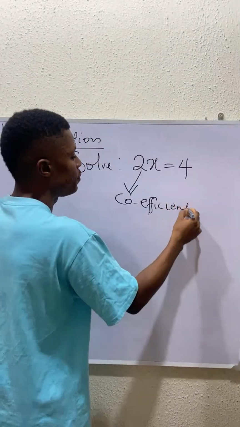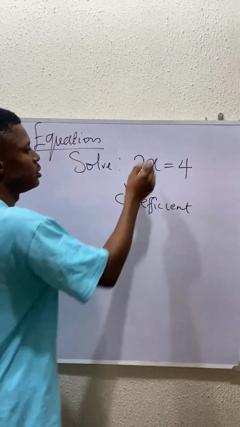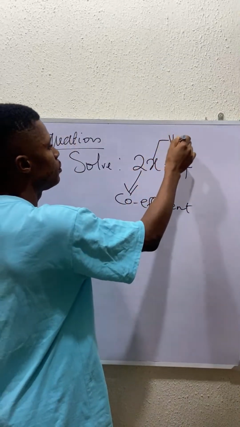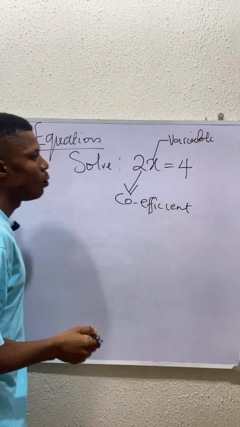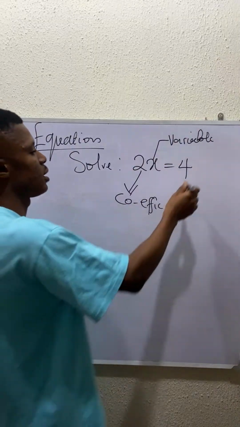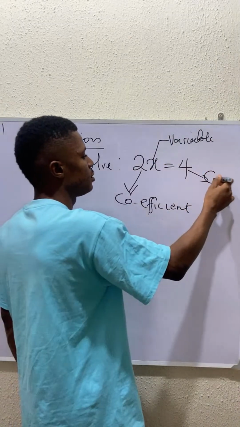The x here is called the variable because the value can change, while this last one is seen as the constant.